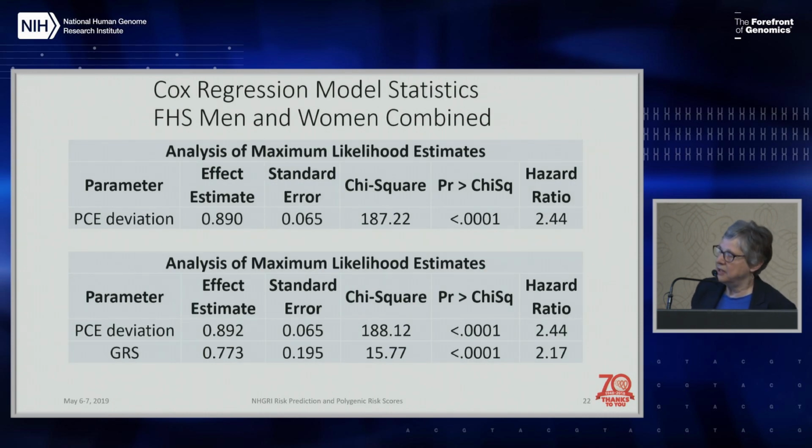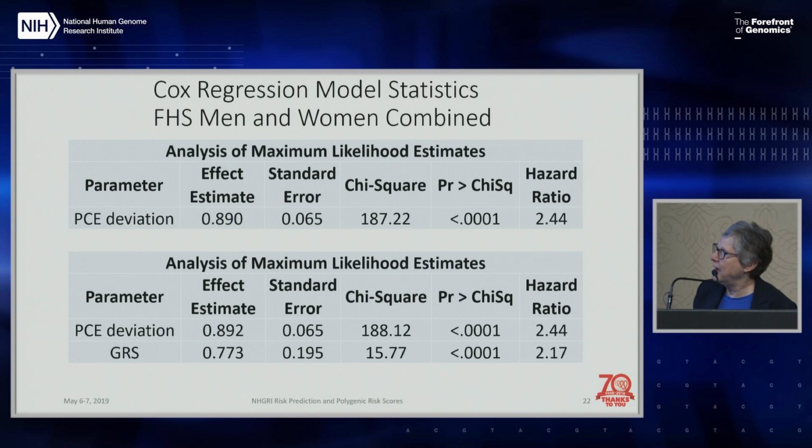We also took that PCE calculation and put it into a Cox proportional hazards model with 10 years of follow-up, and we found that it was highly significant, with a hazard ratio of about 2.4 for each unit increase in the sum in the PCE calculation.